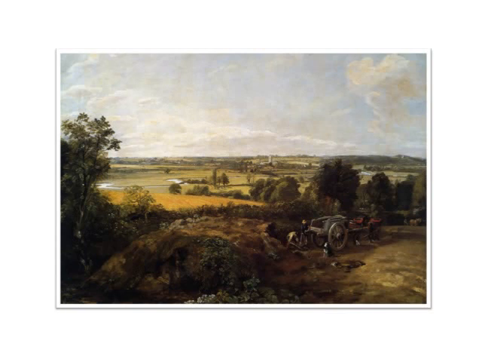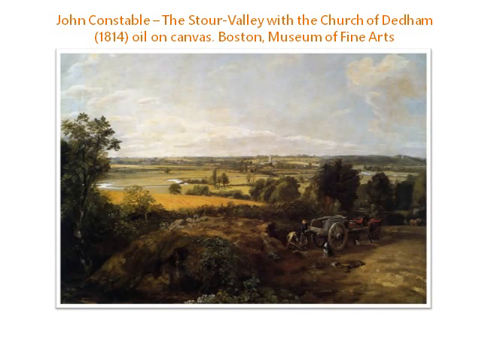So if we go back to when this originated from the old paintings, we have a picture here from John Constable, the Stour Valley and the church of Dedham in 1814. So if we break it down, okay, he's got the horse and cart to the right hand side, he's got the rockery and the trees to the left hand side.